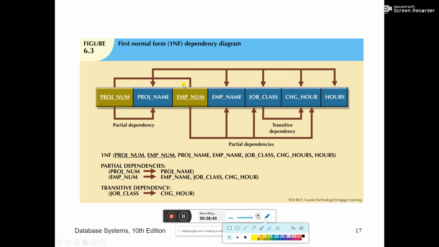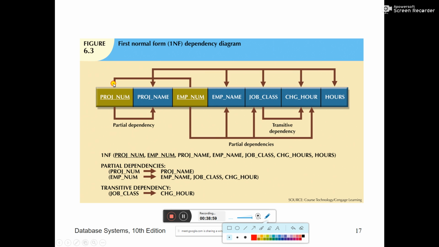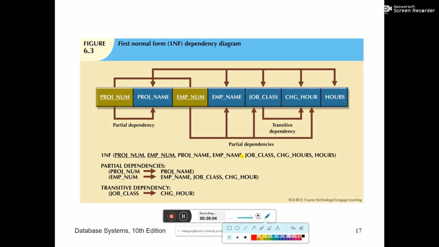On the top side of this table, let me show it over here. Here these are our primary keys, and this is the desirable dependency.